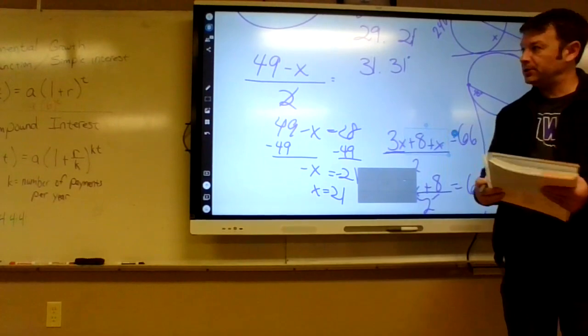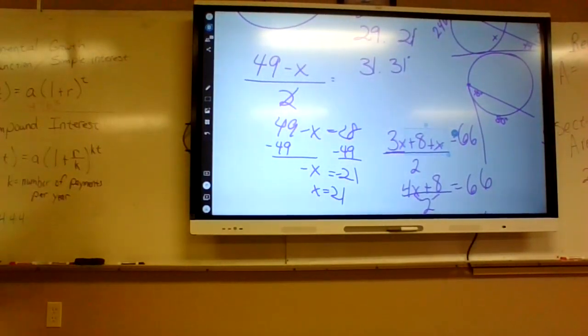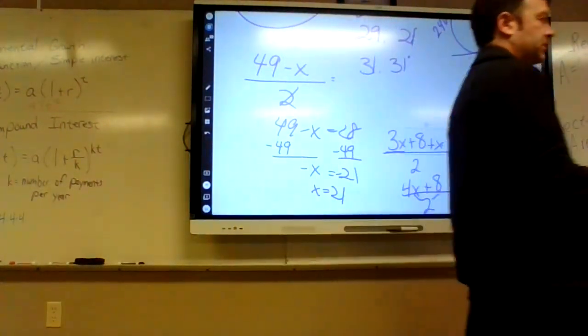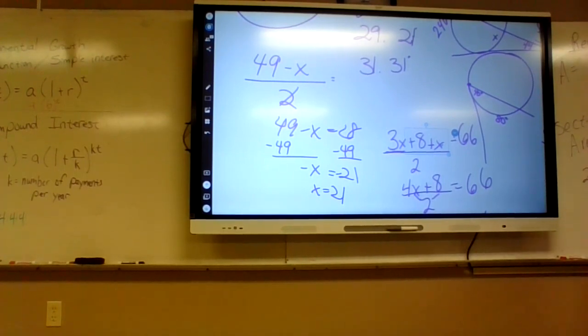Okay, we are almost done. We got 36 and 37 left. 37. This is circles. What day did we do circles? Tuesday and Wednesday, maybe. Probably Wednesday, that was our last assignment.